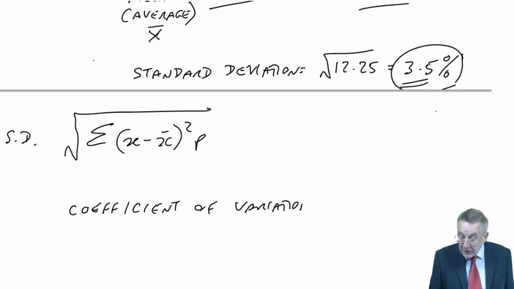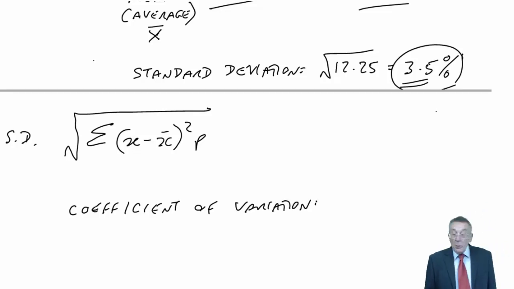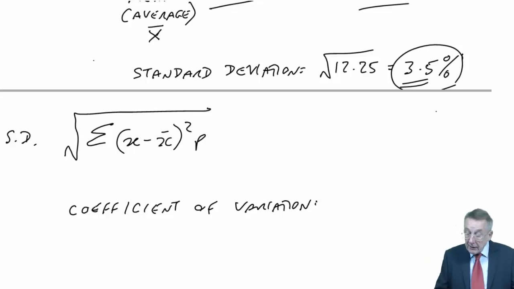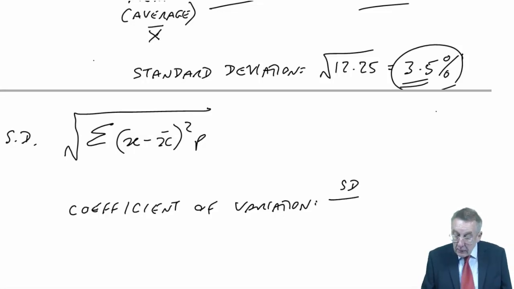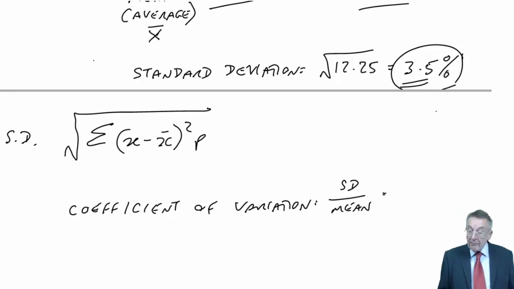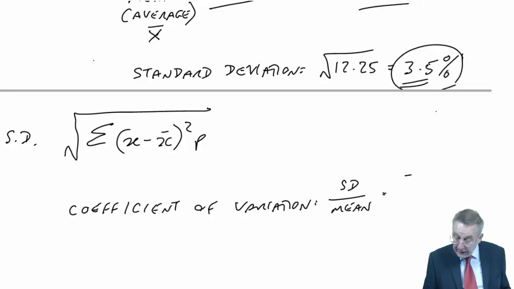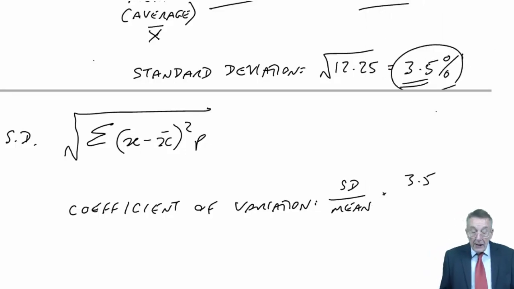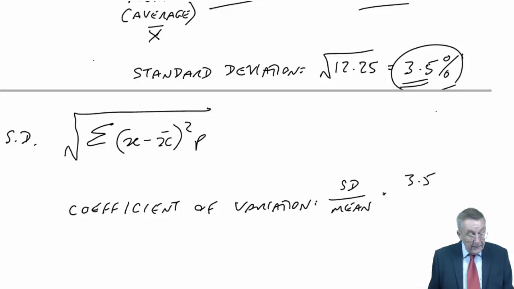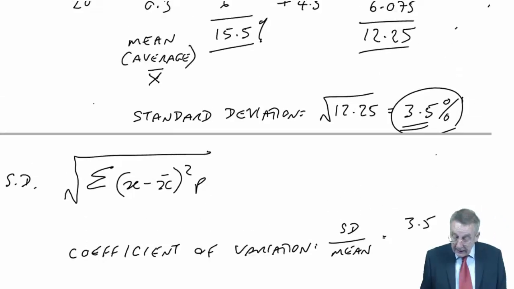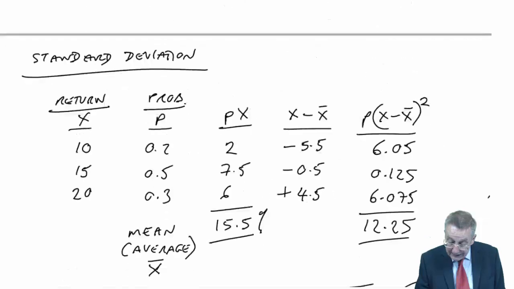As you can see at the bottom of the previous page, we take the standard deviation and divide by the mean. In my example, the standard deviation was 3.5. The mean, was it 15.5?